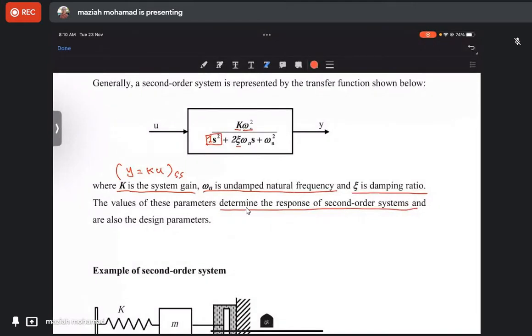All that will be based on the values of K, zeta, and omega n. That's why K, zeta, and omega n are also known as design parameters. We need to choose the values of K, zeta, and omega n so that the system we design will provide the output behavior that we want.